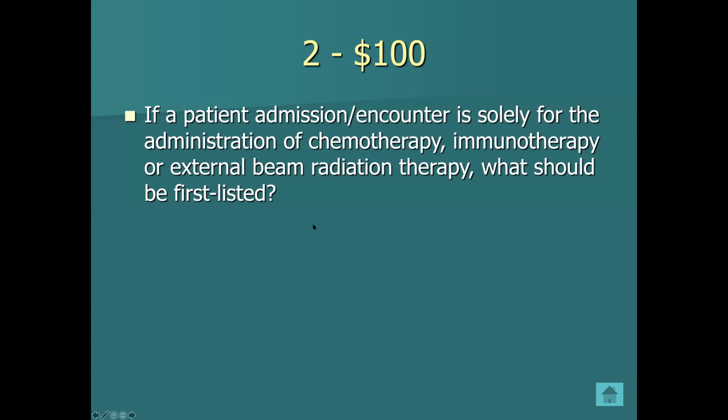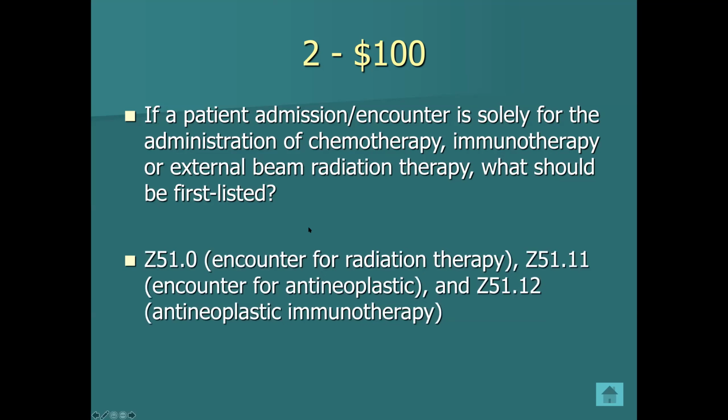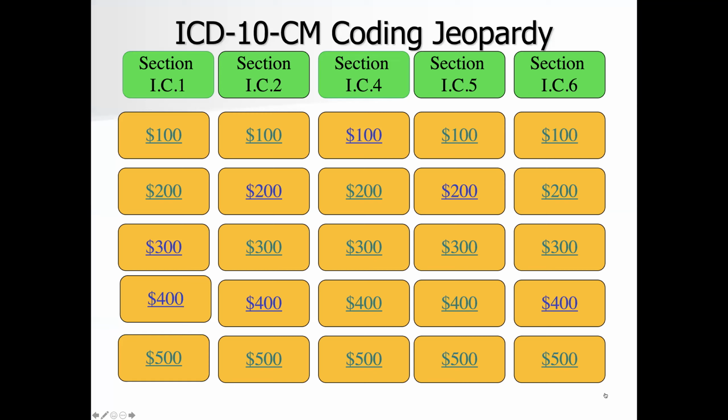What is external beam radiation therapy? The answer is all of those Z51 codes. So it should be the Z51 codes, depending on if it's chemo, immuno, or the radiation therapy. All right, next, back to Destiny.